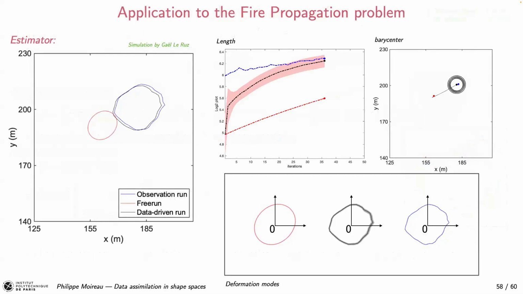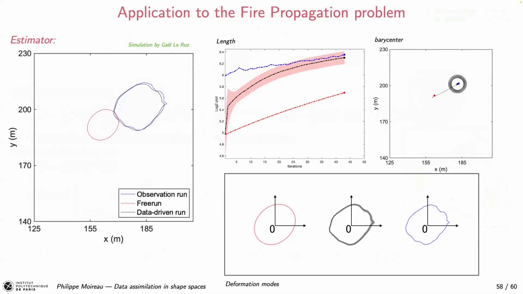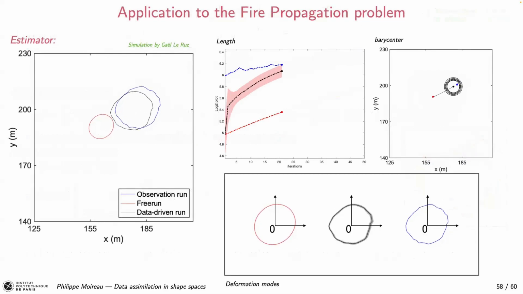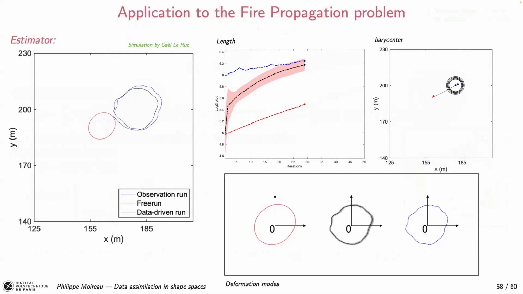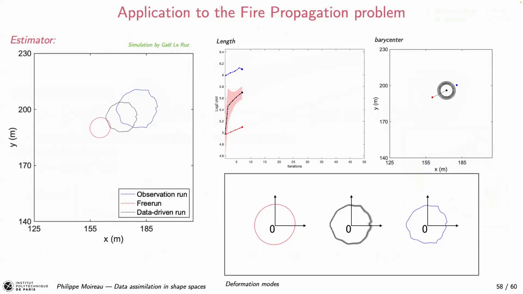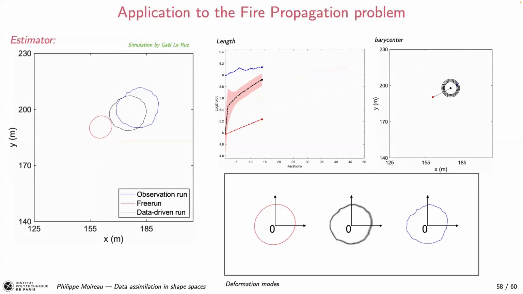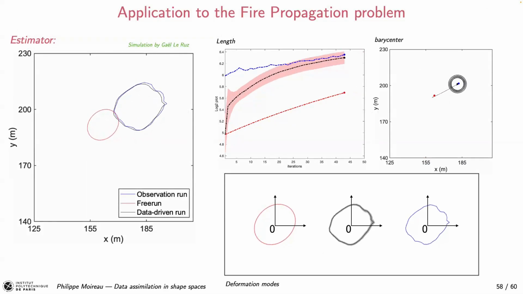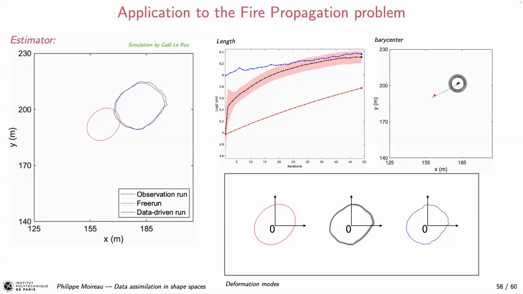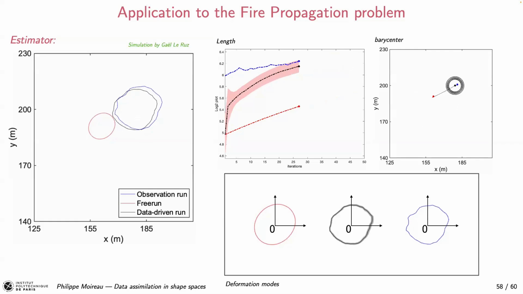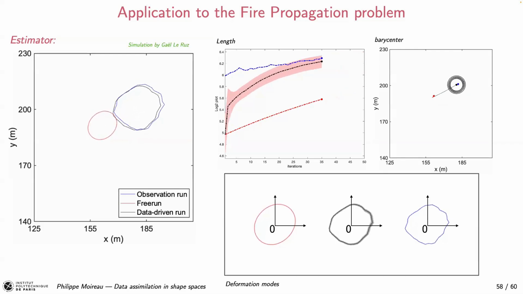So free run, observation, and then you see the filter targeting the real one. To compute this, we divided the state in three. So total observation again, but we divide it into three components: the barycenter, the length of the curve, and then the curve in the shape manifold. So this gives you the evolution of the length in log scale.